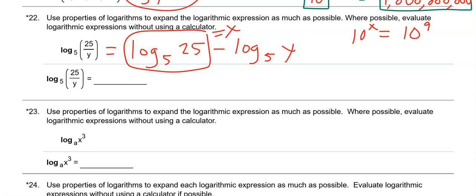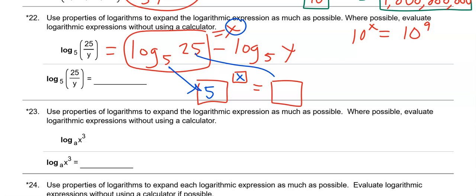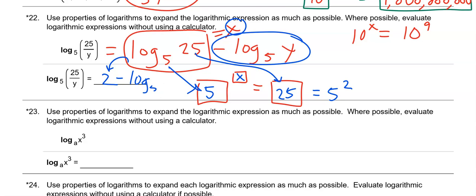Remember I said set it equal to x, something to the something power equals something. The base obviously is a 5, the exponent is x, and it equals 25, which is 5 squared. So that must mean this part is your 2. And then, of course, the other part, minus log base 5 of y. So one part simplified, the other part did not.